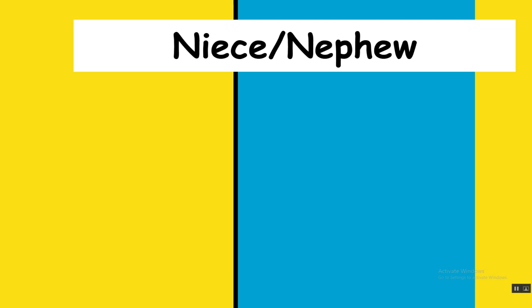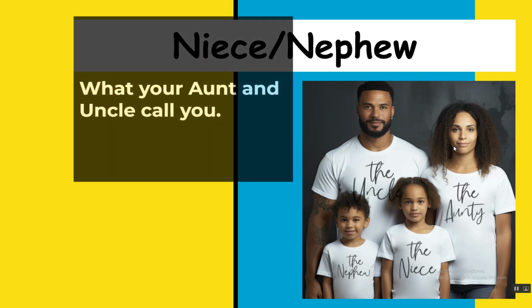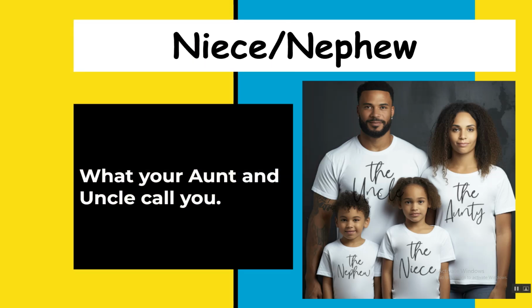Niece and nephew. It is what your aunt and your uncle call you. Your aunt and uncle call you the niece or the nephew. Remember, your aunt and uncle are sister and brother to your mum or your dad.